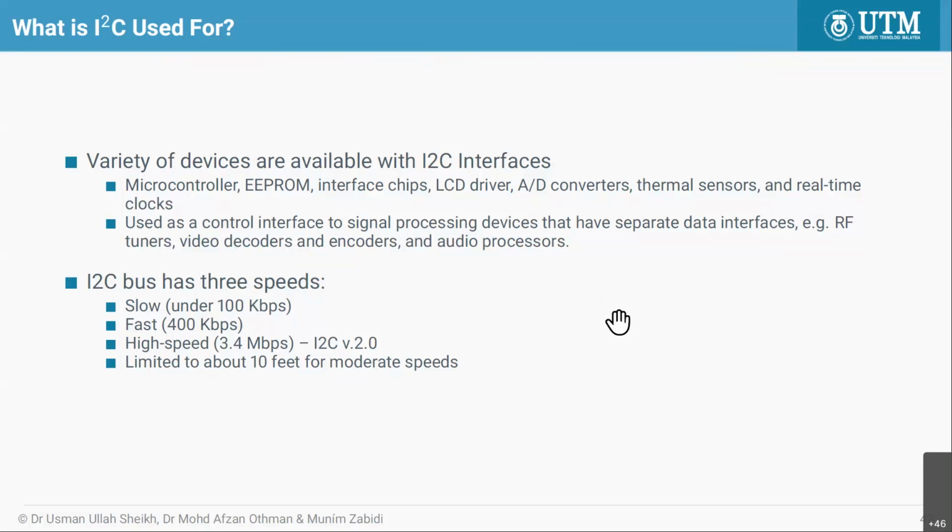If you compare to the current USB, the high speed is slow, and then it's limited to about 10 feet. But almost nobody I see use I2C for 10 feet lah, because remember that the original intention is for use on the same PCB. So PCB is small, you're never going to reach 10 feet.